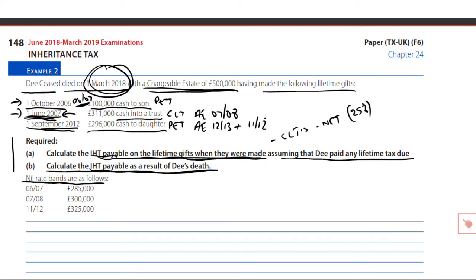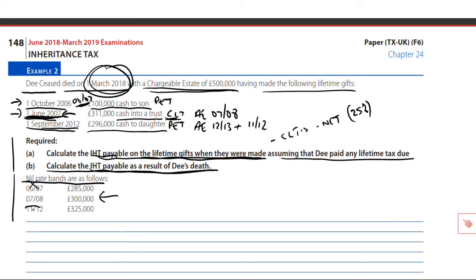So we've got 12-13 and 11-12, two lots of £3,000. Right, nil rate bands given here. We don't need the 06-07 because that's when the PET occurred. It was not chargeable when made. The CLT, however, was made in 07-08, so that is relevant to us.